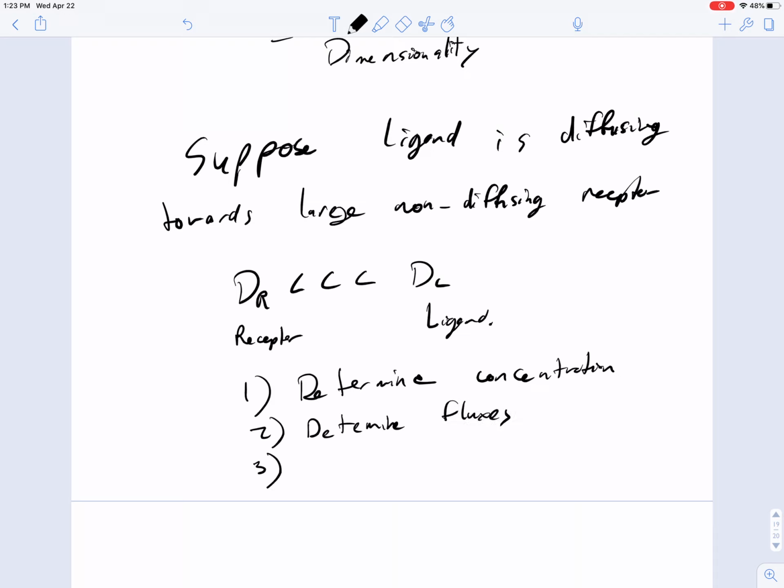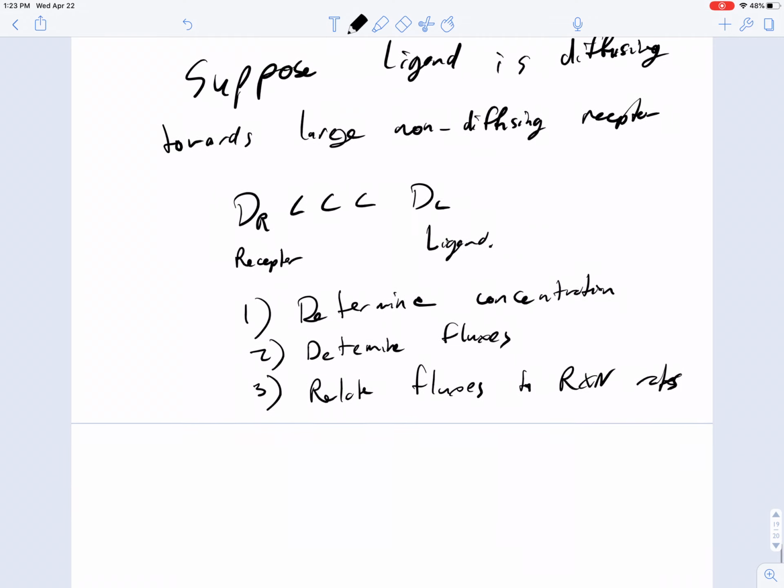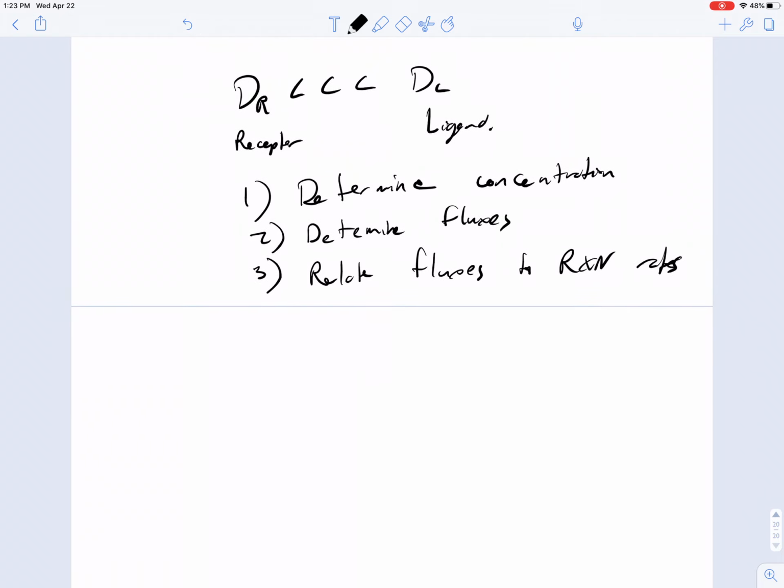And three, relate fluxes to reaction rates. And through this, we can determine the upper limit for a reaction rate based on how fast molecules can move in to each other.